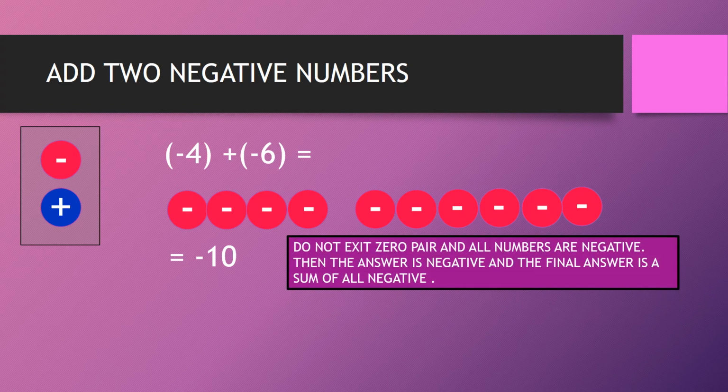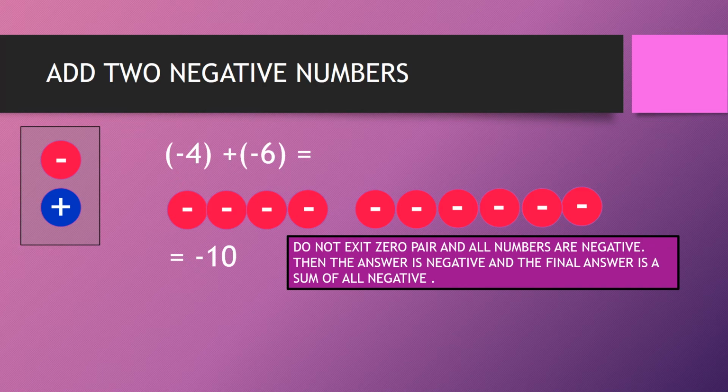Then, I do not have any 0 pairs, and all numbers are negative. Because all numbers are negative, the answer is negative. And the final answer is the sum of all negative numbers. I had 4 negative numbers, and in the other half I had 6 negative numbers. 4 negative numbers plus 6 negative numbers is 10 negative numbers.